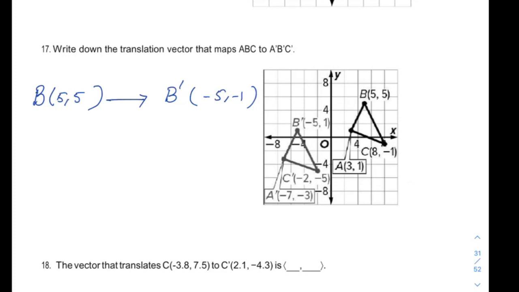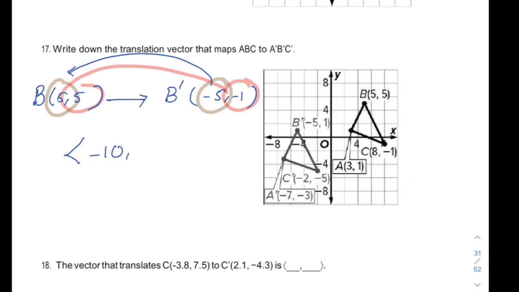Now we need that translation vector, so we will subtract. -5 minus 5, -10. Now the other point, -1, sorry, 1, this is not -1, this is 1. 1 minus 5 is -4.